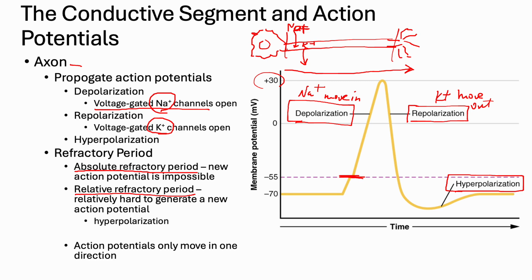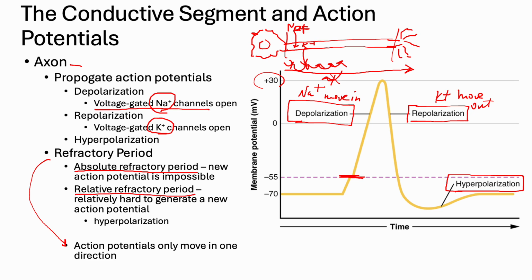The result is that once an action potential is generated, it generates the action potential in the neighboring section, and the next, and it travels down the axon, but only in one direction, and we will not get it moving both directions back and forth.